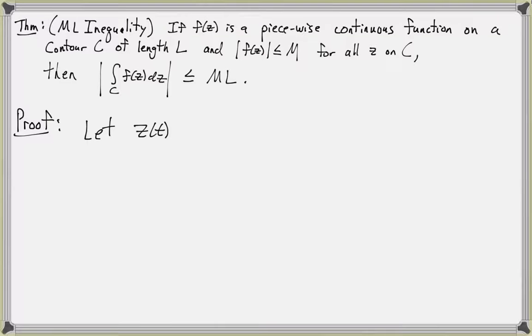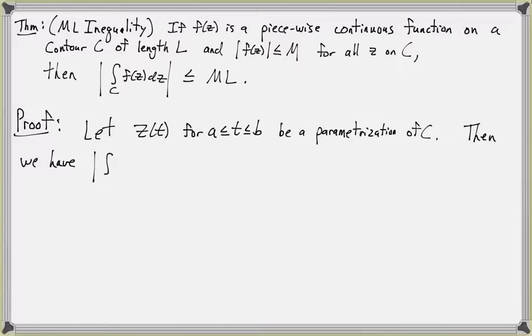So let z of t for t between a and b be a parameterization of the contour C, then we have the absolute value of the contour integral of f over C. Using the parameterization, this will be equal to the absolute value of the integral from a to b of f of z of t times z prime of t dt. This is where we defined contour integrals.